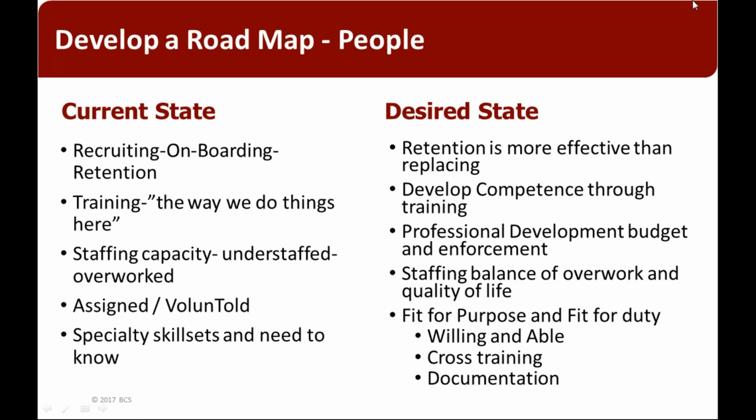Then on the right-hand side, desired state, it's pretty logical, and you know this, but you need to have the organization engage and talk to you. It's much more financially effective to keep your desired and critical staff than constantly be replacing and churning. Part of keeping competent staff is to develop competence through training, and we'll give you a few ideas on that.